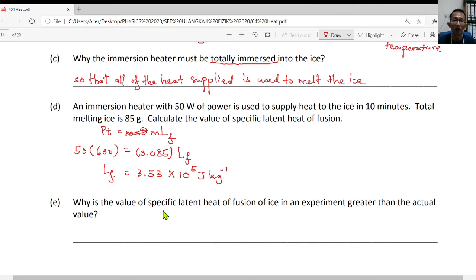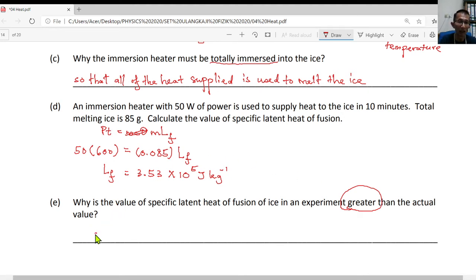Okay, now E. Why is the value of specific latent heat of fusion of ice in the experiment greater than the actual value? Well, in real life, nothing is perfect, right? So what happened?